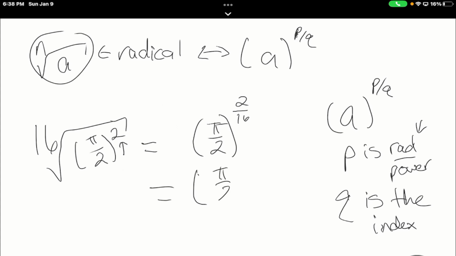So for 2 over 16, I can factor out a 2 and divide it out, so that's the same thing as 1/8. So the simplest form of that expression is pi over 2 to the 1/8 power. That's a more complicated example, but that is how you would translate between the radical expression and the rational power expression.